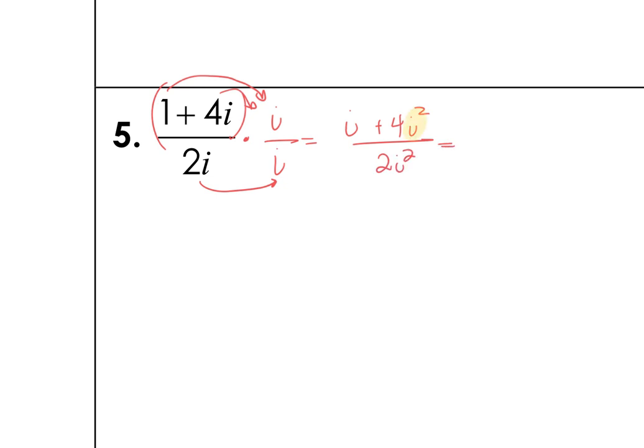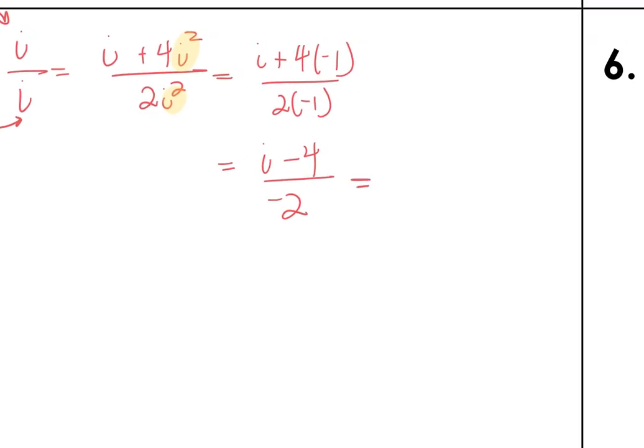Let's replace our i squareds with that negative 1. So it's i plus 4 times negative 1, all over 2 times negative 1. 4 times negative 1 is negative 4. 2 times negative 1 is negative 2. Let's switch this order. I'm going to put the negative 4 first, and that i is positive, all over negative 2.